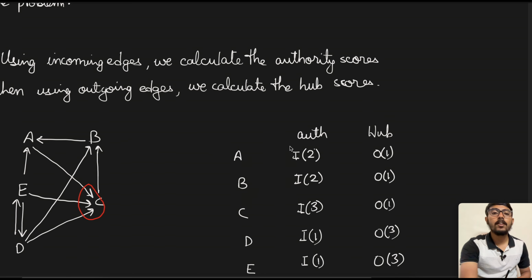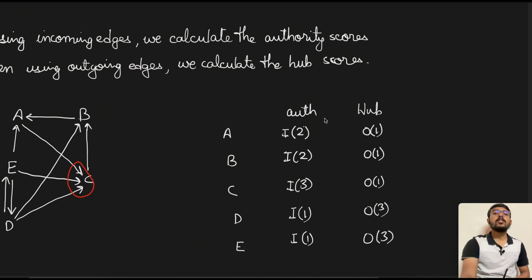For C it's 3 because there are 3 edges that are coming to C, right, and so on. Now if we look at the hub, we see that A points to only one node, which is C. Then B points to 1, which is A, and then C points also to 1 only, which is B. But if we go to D, we see that D actually points to E, B and C, right?